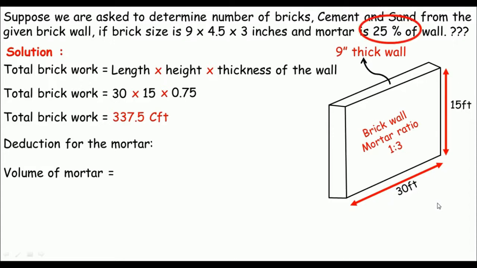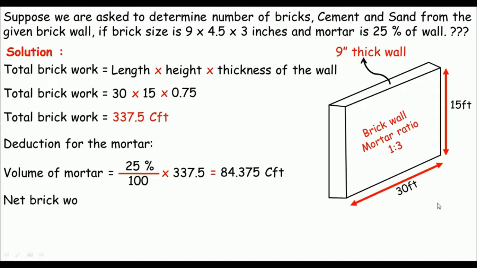So the volume of mortar equals 25%, and of course just to remove the percent sign we divide this by 100, right? Now if it's 25% in 100, then how much it would be in total brickwork, which is 337.5 CFT, right? So do multiplication with this guy, right? We'll get of course the volume of mortar equals 84.375 CFT, and that's it.